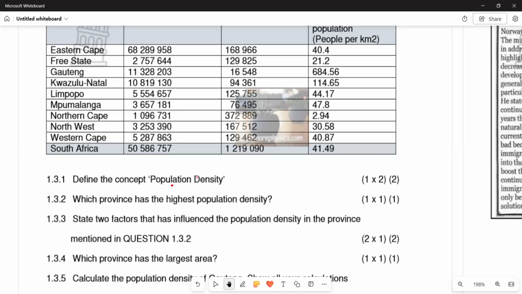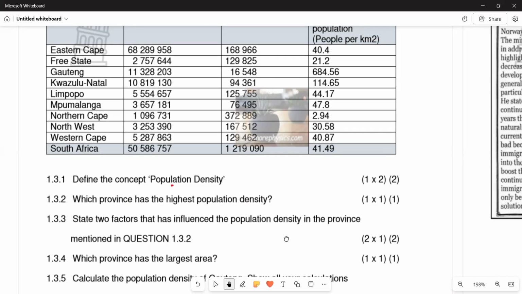Then when it becomes population density, we are describing it as the number of people living in a country per square kilometer. So basically, that's the definition that we have for population density.